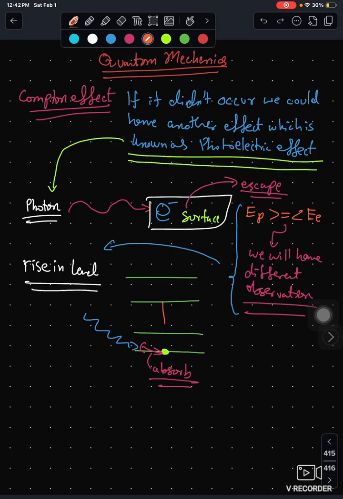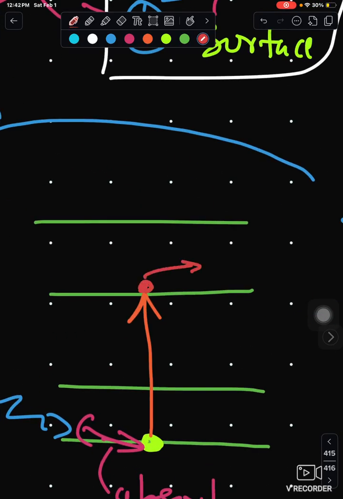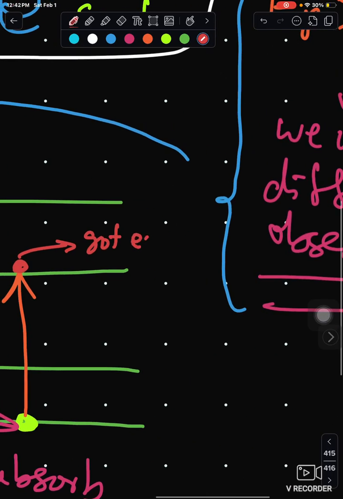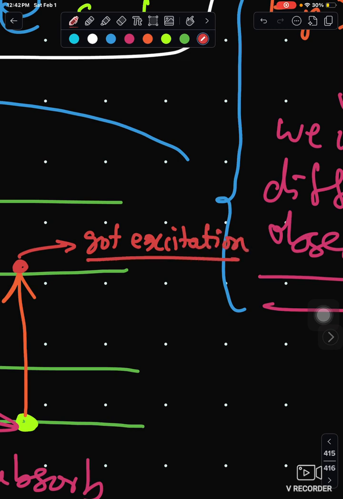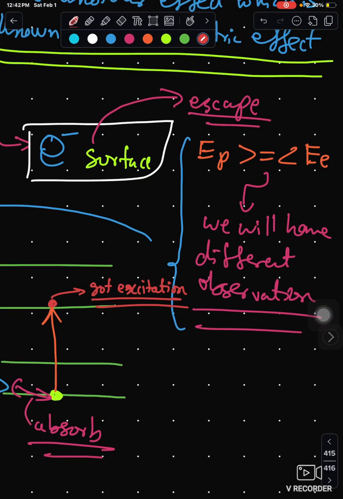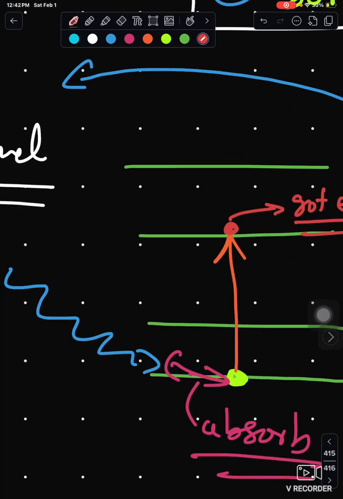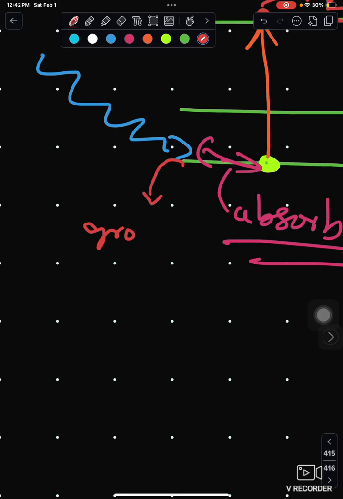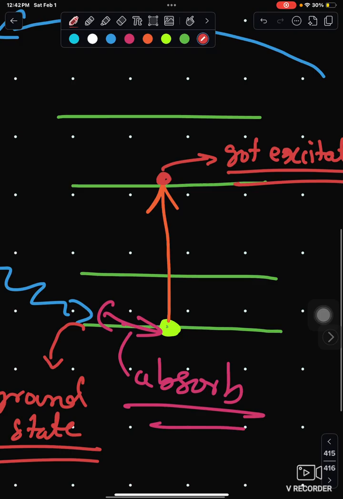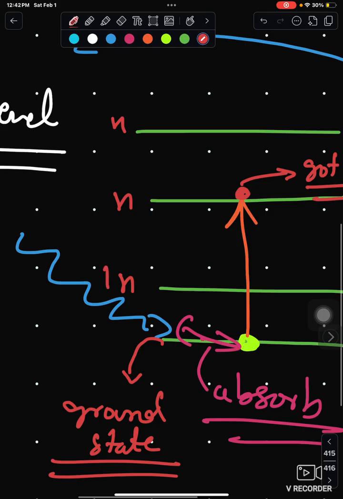Let's suppose it went from this level to this level. It got excited, that's what we call it: excitation. The lowest level is known as the ground state, and then the principal numbers are 1, 2, 3, and so on. Okay, assumptions.